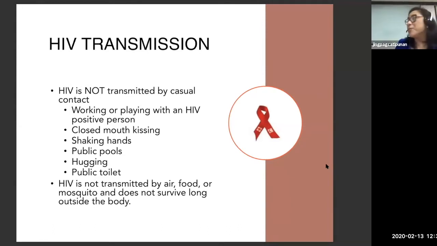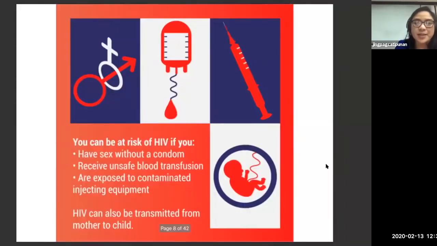Okay, we can also practice that now for COVID-19. Shaking hands or public pools, hugging, and even the public toilet. So HIV is not transmitted by air, food, or even mosquitoes, and does not survive outside the body.